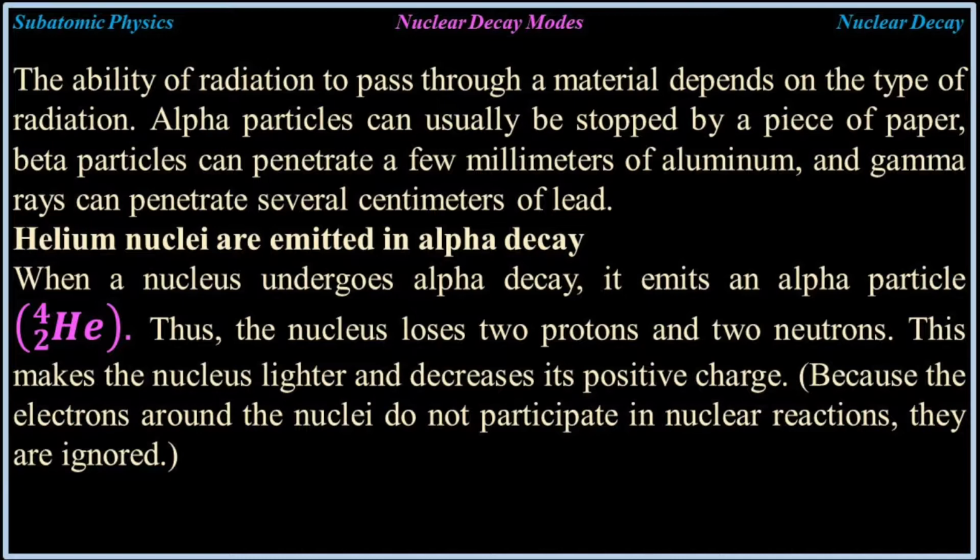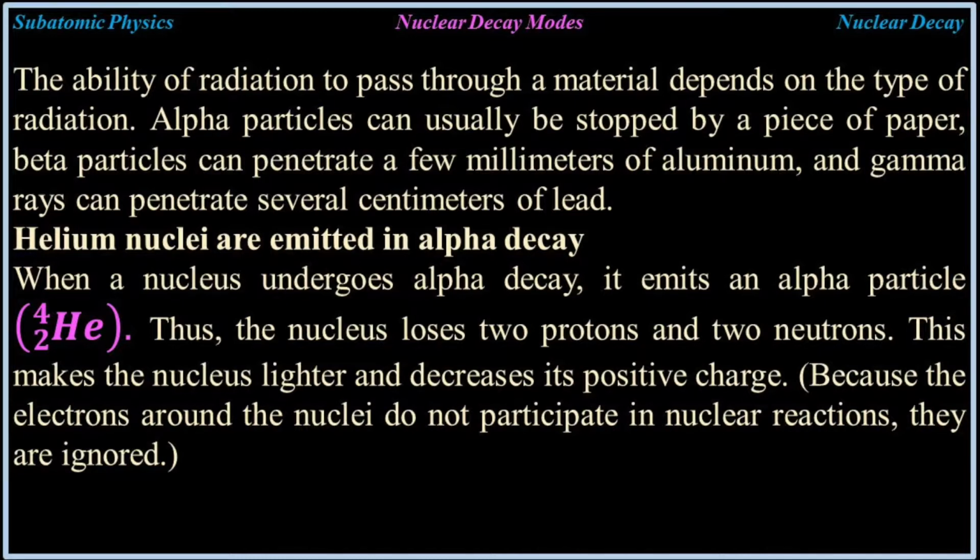The ability of radiation to pass through a material depends on the type of radiation. Alpha particles can usually be stopped by a piece of paper. Beta particles can penetrate a few millimeters of aluminum, and gamma rays can penetrate several centimeters of lead. Helium nuclei are emitted in alpha decay.